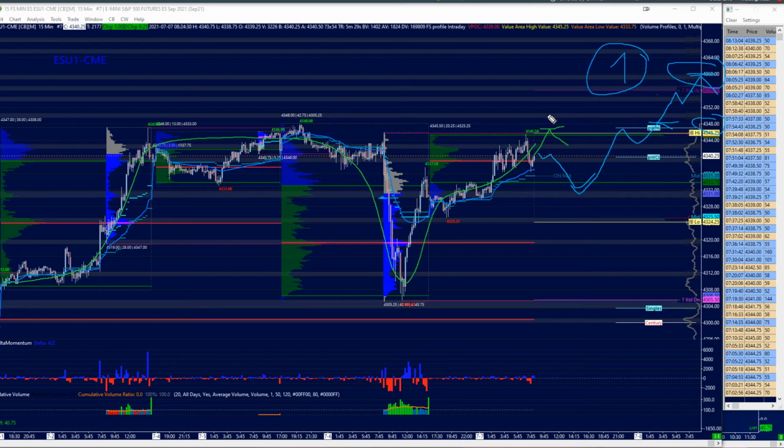Overnight high. We could take out the previous day high, which is at 45 half.